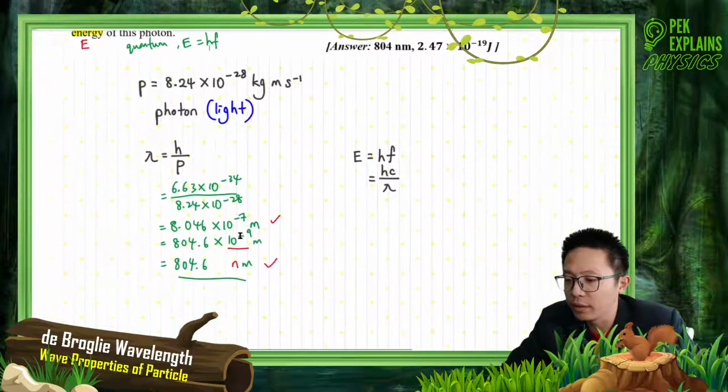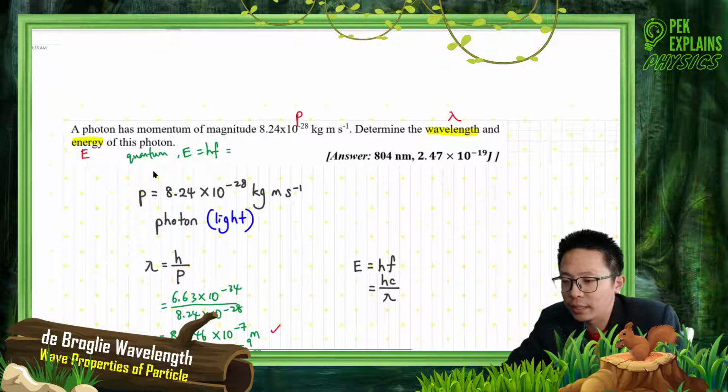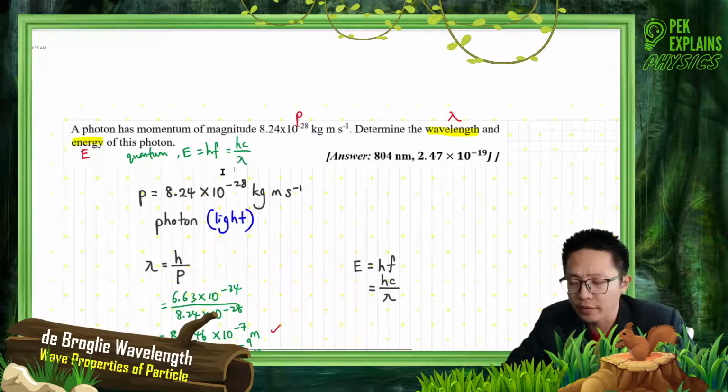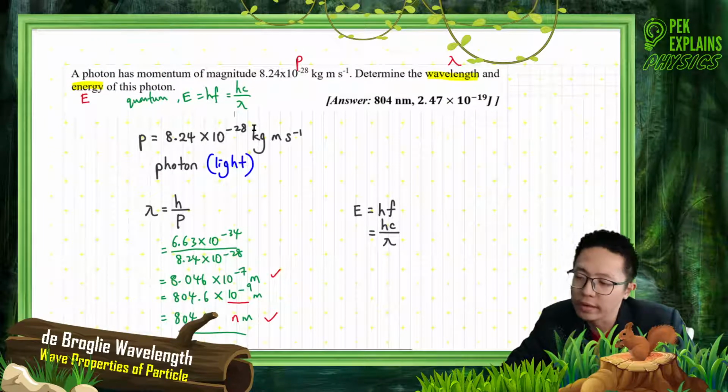But since we already got the lambda, we use hc over lambda instead of hf because we don't have the frequency. We already got the de Broglie wavelength, so we use E equal to hc over lambda. That's the energy of one photon.